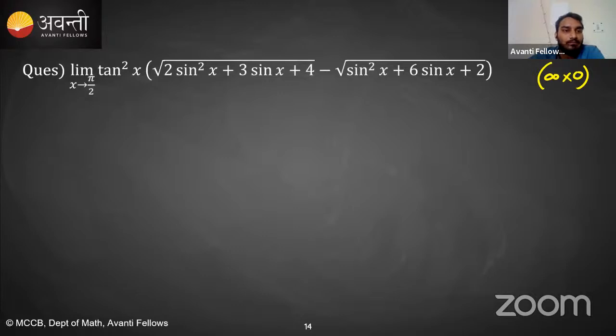Clear? So students, solve this question. I'm giving you 1 minute. I have told you this is the form of 0 into infinity. Solve this question and let me know the answer quickly in the chat box. Everyone, you have 1 minute. Your time starts now.